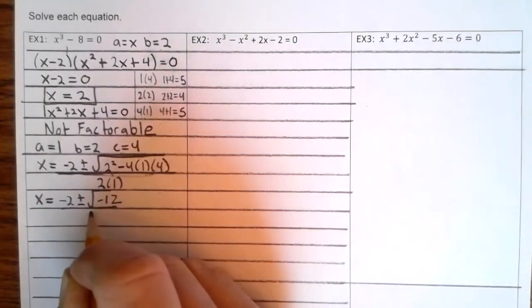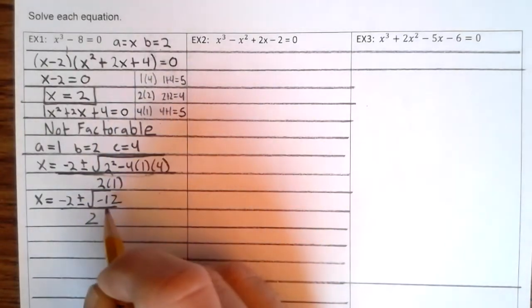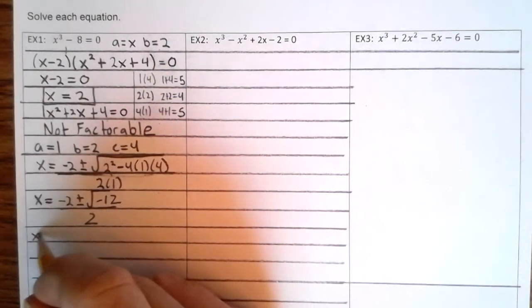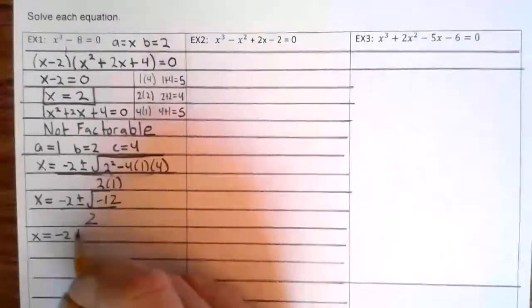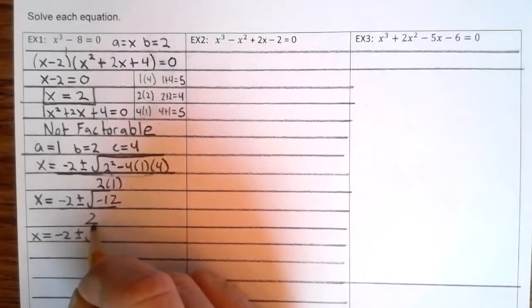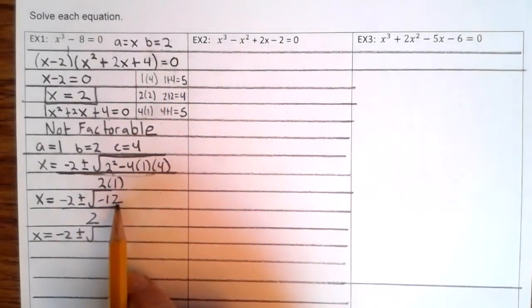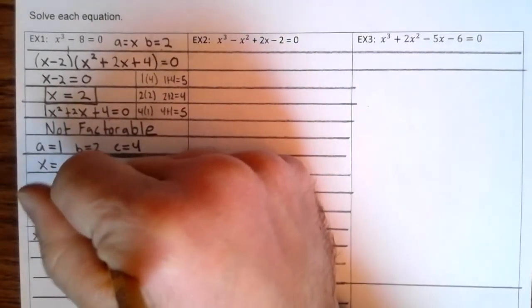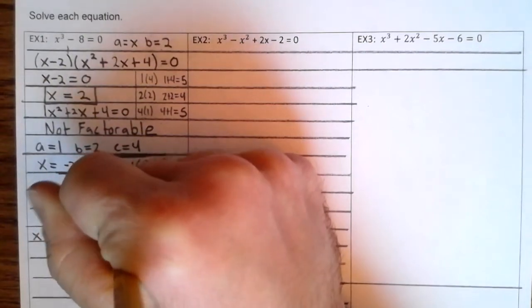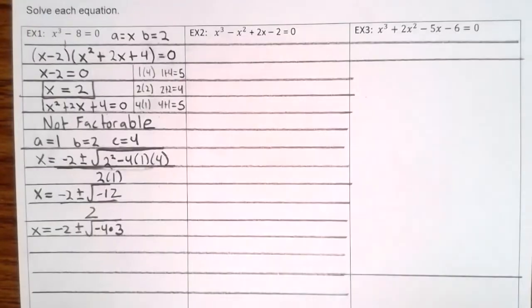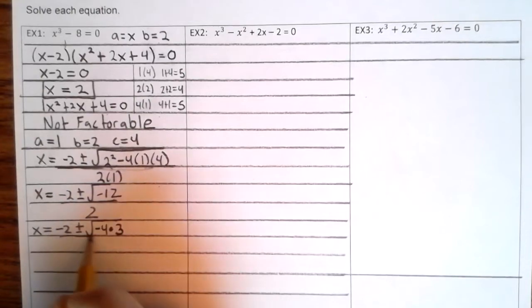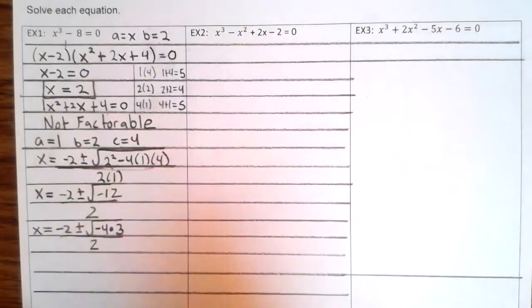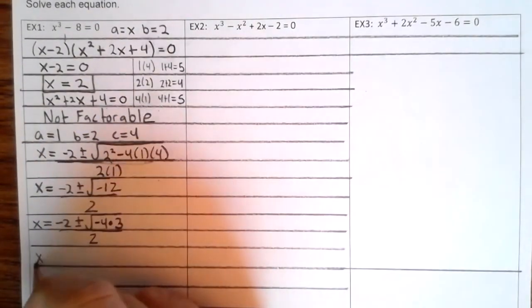At this point, we have X equals negative 2 plus or minus. We need to find out if there's a perfect square in 12. And we could use a calculator, but this one's pretty straightforward. Negative 4 times 3, divided by 2. So then you have x equals -2 plus or minus.